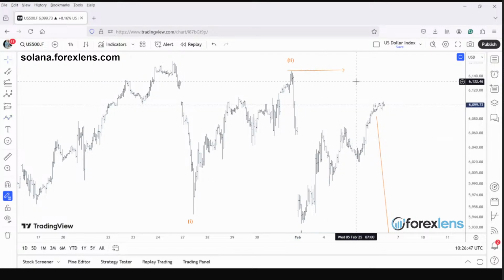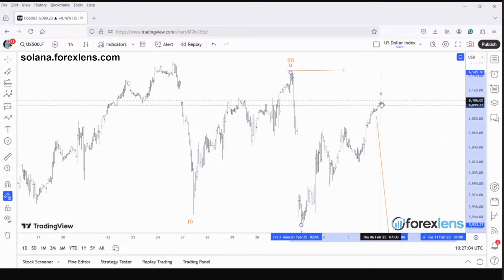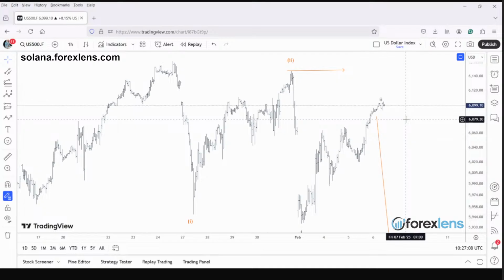So we've got wave 2 right now, and maybe that larger degree wave 2, till the time it is intact, we can say that it's wave 2 sub-minute degree, and maybe wave 3 could be underway anytime soon. A break below that support around 6019 confirms that what we have done is correct.